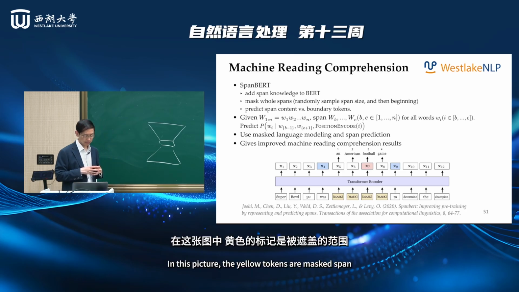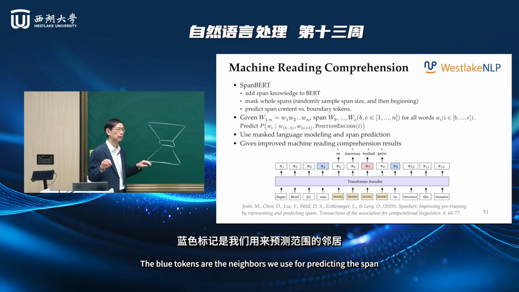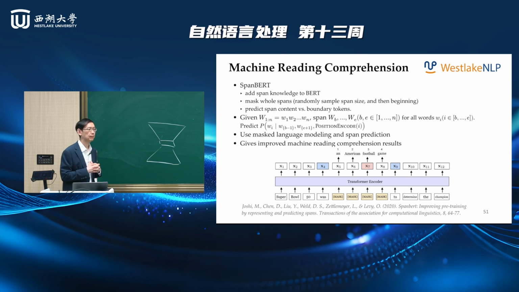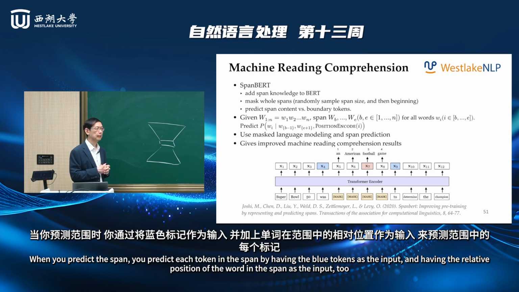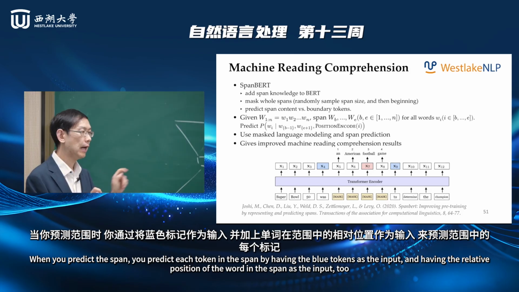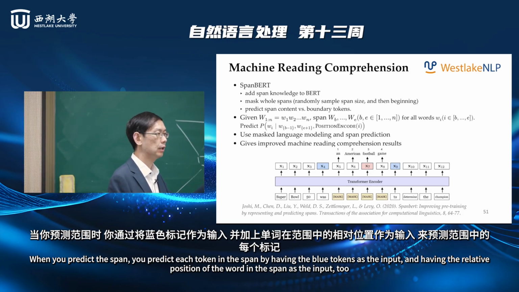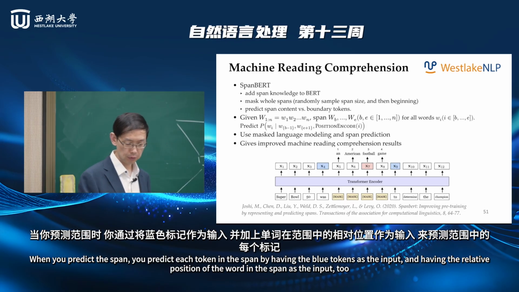In this picture, the yellow tokens are the masked span. The blue tokens are the neighbors we use for predicting the span. When you predict the span, you predict each token in the span, by having the blue tokens as the input and the relative position of the word in the span as input too.